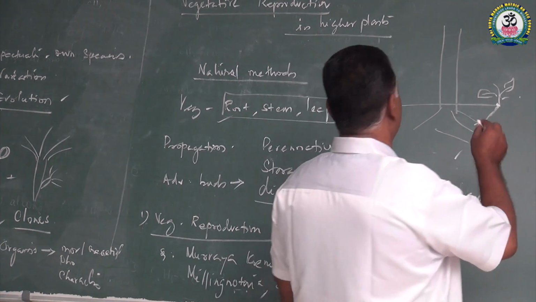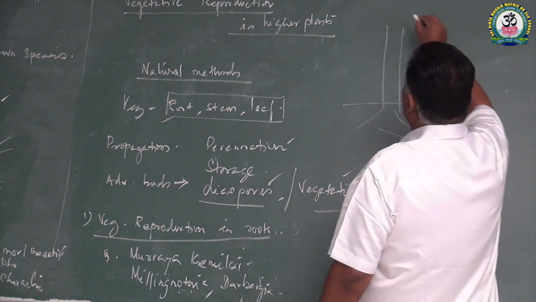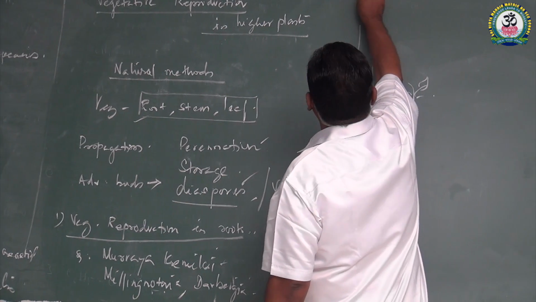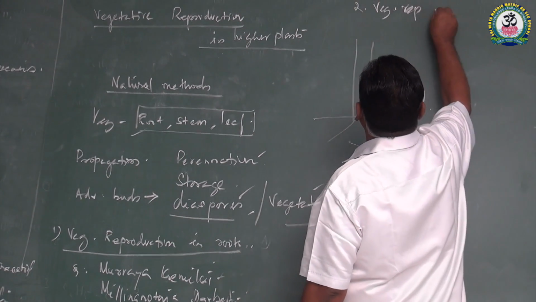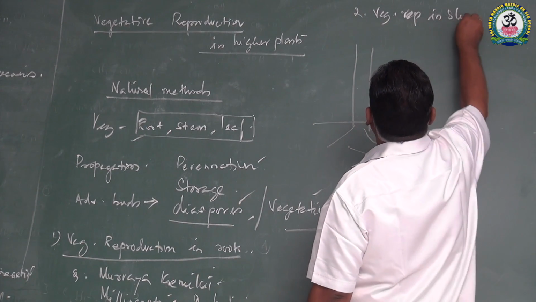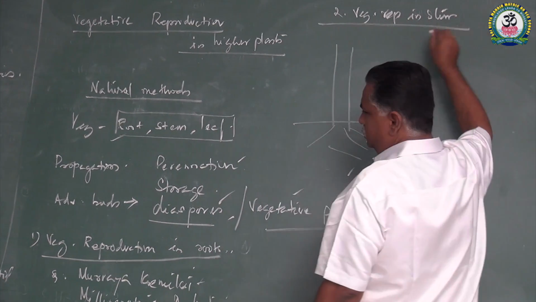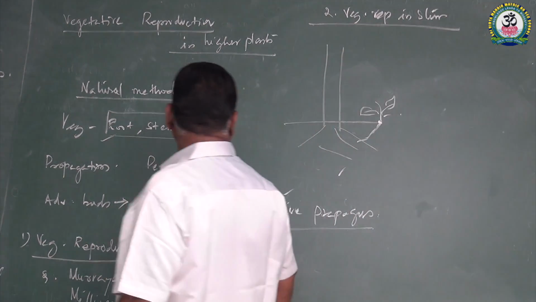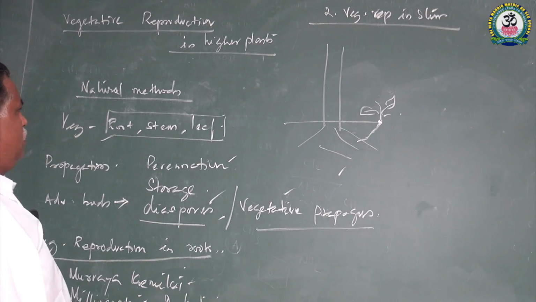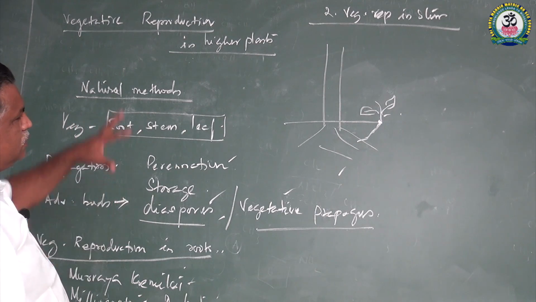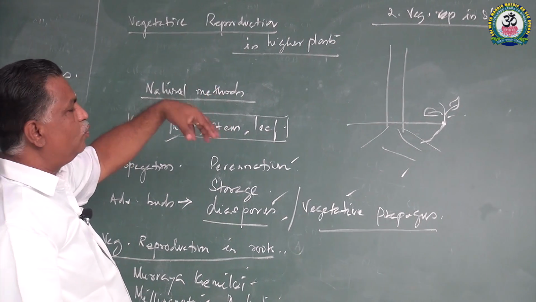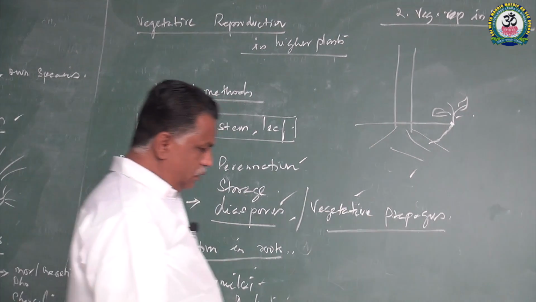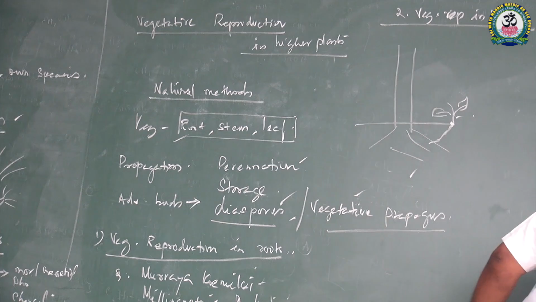And next is stem. Second is vegetative reproduction in stem. This is a bigger topic where we have to discuss the different aerial and subaerial stem modifications and their involvement in asexual reproduction.